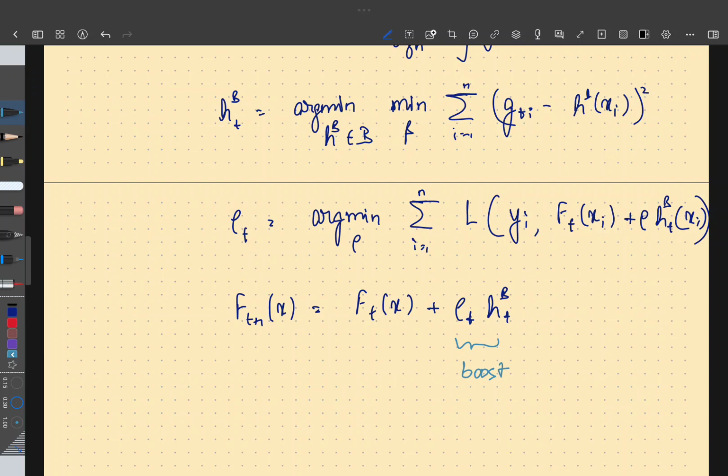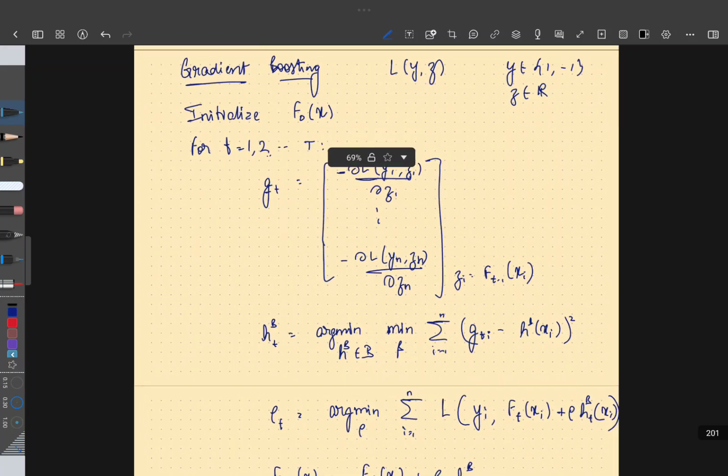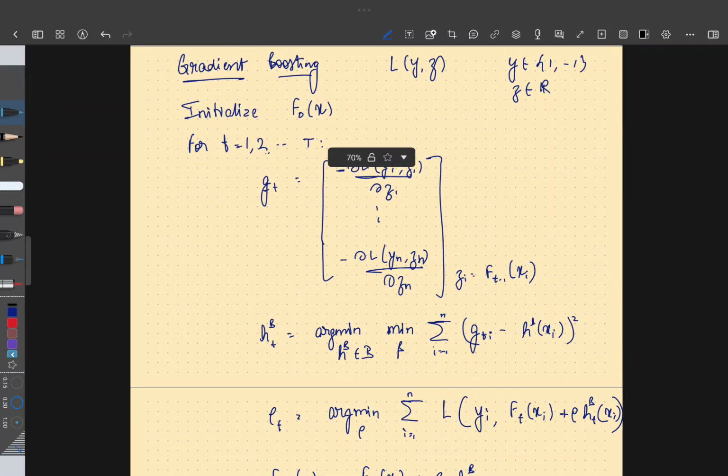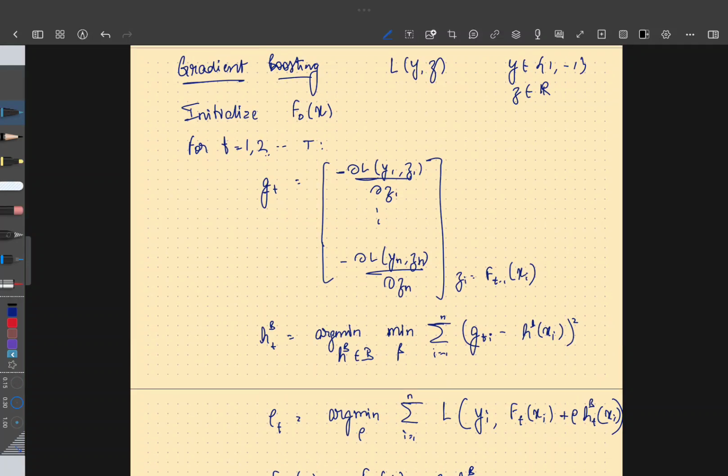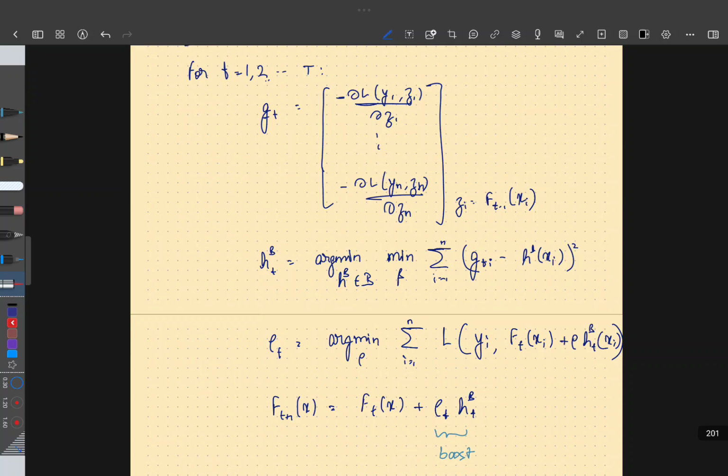So this is the basic principle behind gradient boosting, and it can be interpreted as doing approximate gradient descent in function space. First you find the gradient of the loss function with respect to z evaluated at the previous predictions, and then solve a regression to approximately move along that direction.